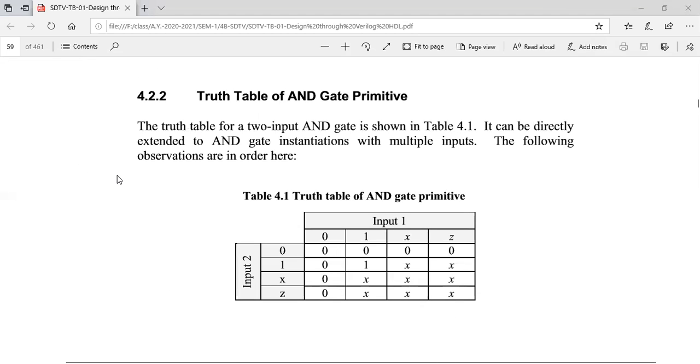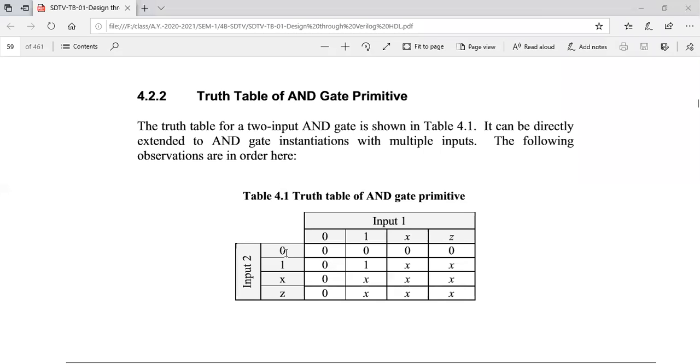So for the truth table of gate primitives, you can see. If I mention that A1 is an input of bit type, I can give either 0 or 1 or X or Z, that means binary type. For that we have seen the truth table here.